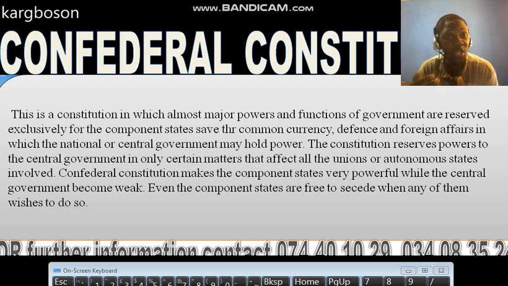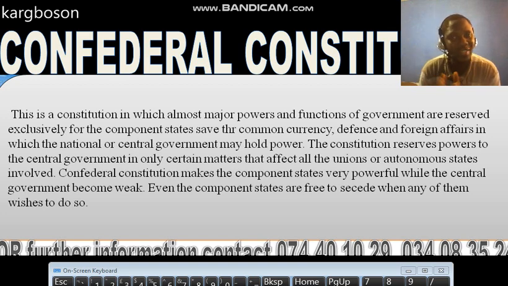To change the tenure of office of the president, not even parliament all by itself can do it. It has to conduct a referendum. There are other major changes of the constitution. If it should be done in Sierra Leone, it requires a 2/3 majority of members of parliament. So when a constitution has very stringent, cumbersome, difficult procedures to amend, then it becomes a rigid constitution.